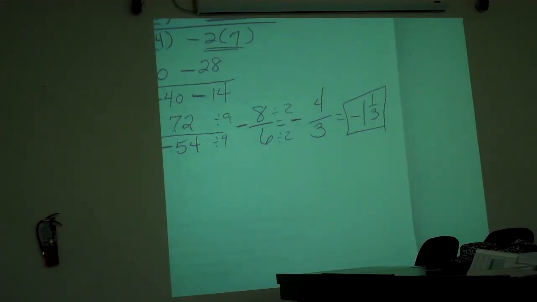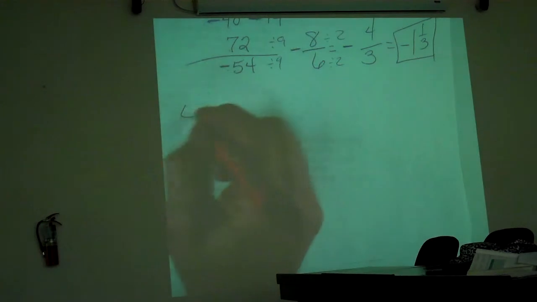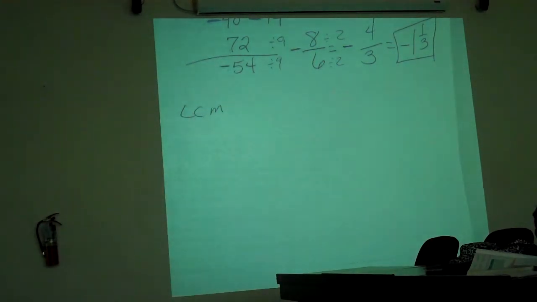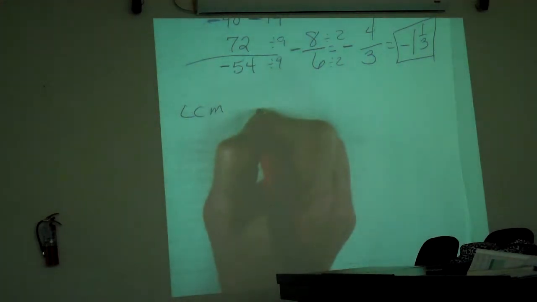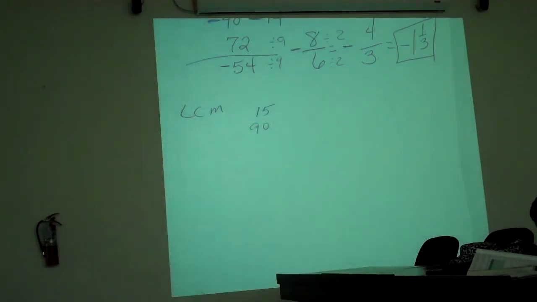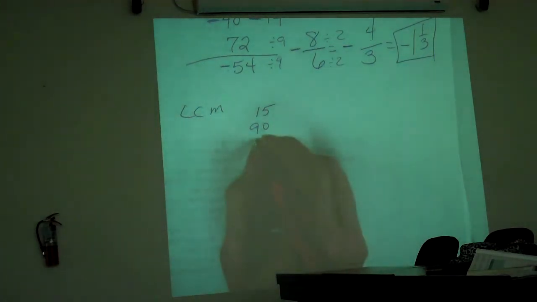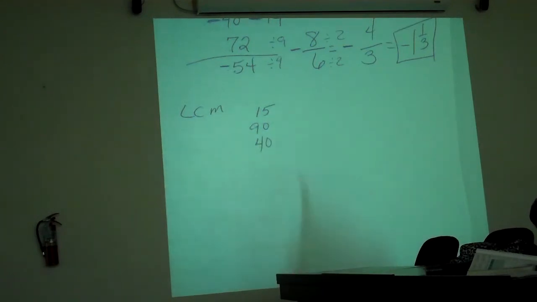Okay. Your skills maintenance has you do least common multiples. You remember how to do those? Least common multiple. Get your prime factorization. Okay, if we had the least common multiple of 15 and 90. And let's do another number. 40, just 40.